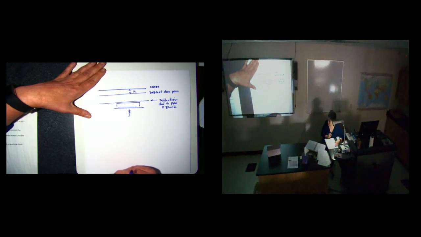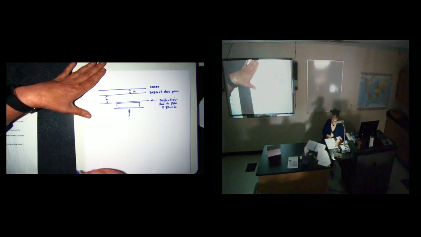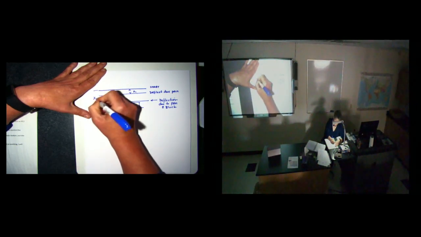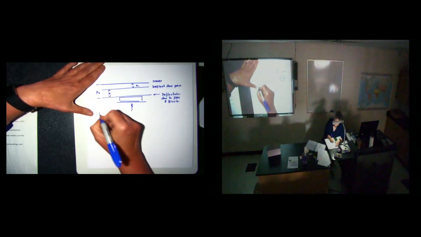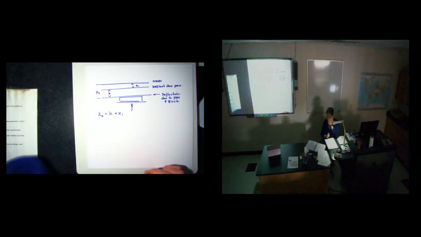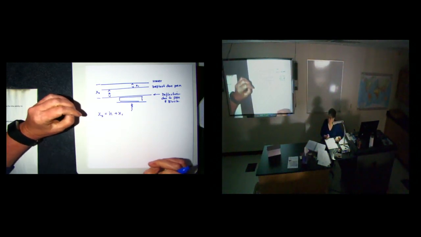So, the potential energy at this point here, okay? The potential energy at this point here is going to equal the weight of the block plus the weight of the pan times H plus 1/2 kx2 squared.